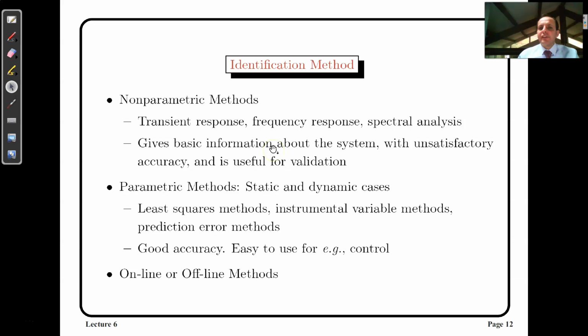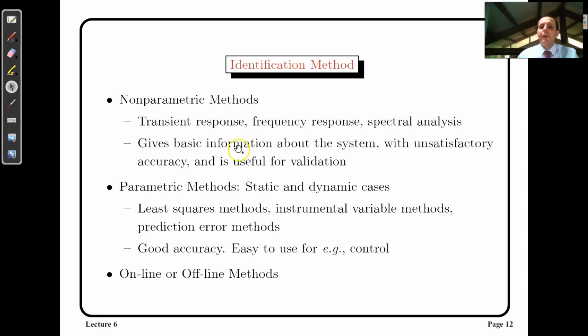We considered also the different identification methods, in particular the first one, which is the simplest, the non-parametric method. Non-parametric methods refer to models which are represented not really by mathematical descriptions, but normally by graphs or plots.